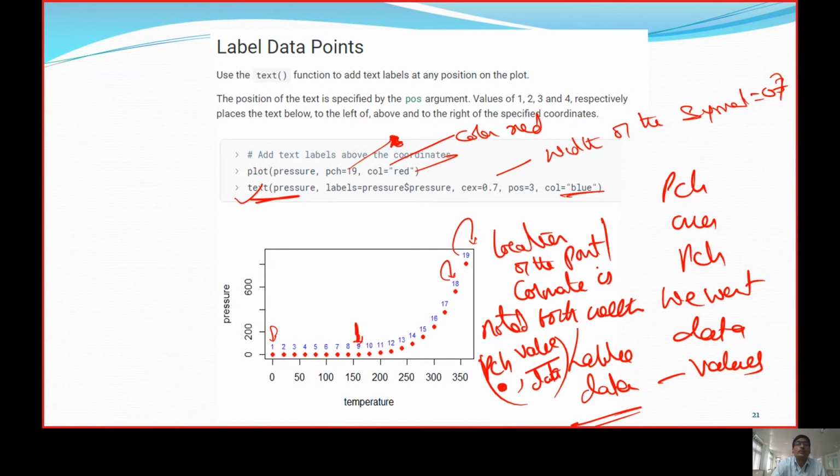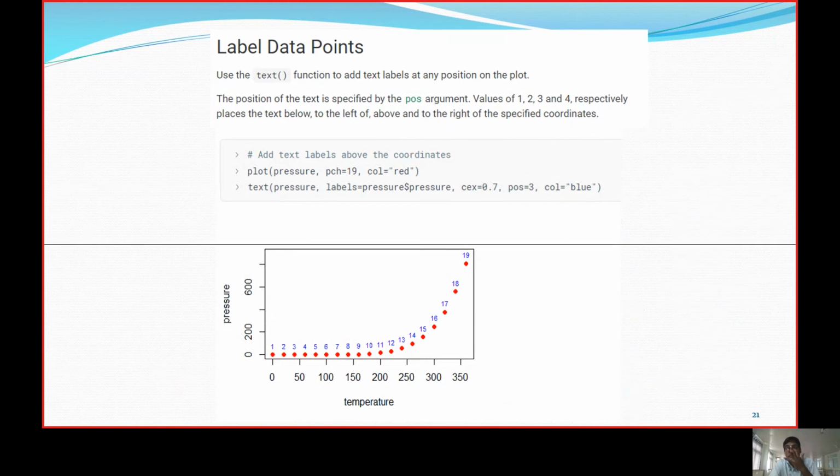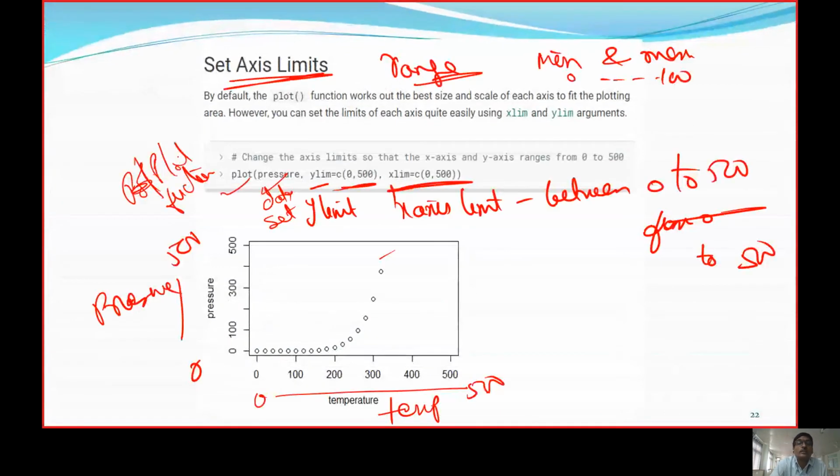Similarly, over data points, we need to put some values there. For that, we are going to use text. So the text function is there. Using the text function, we put the values, and the type can be a diamond or a circle. We mention its cex, and the color, for example blue.